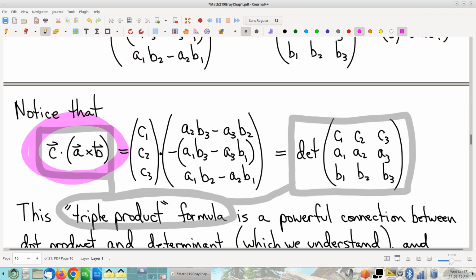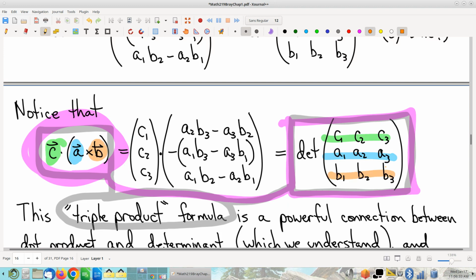This weird expression right here is a determinant. And in a very simple way: first vector, first row, second vector, second row, third vector, third row. This is not some weird symbolic memory trick.